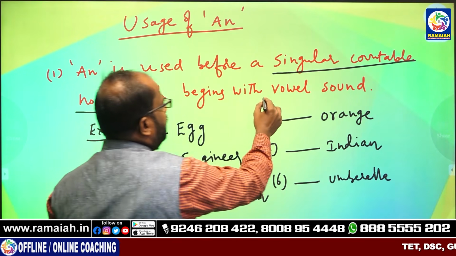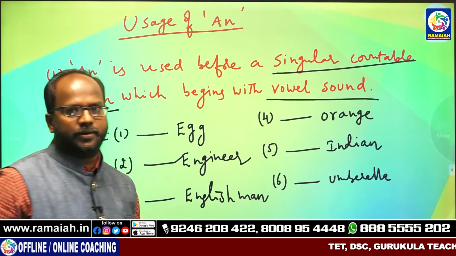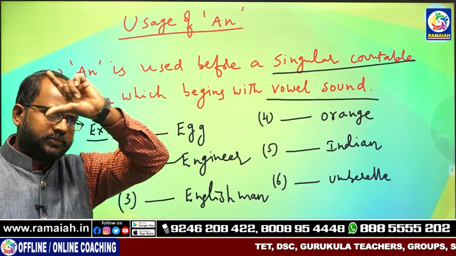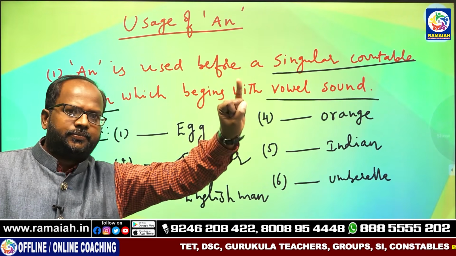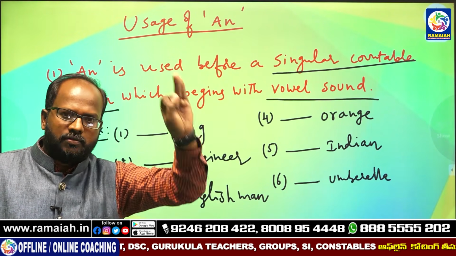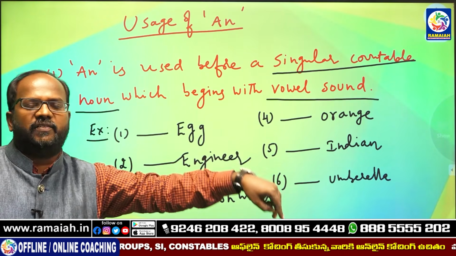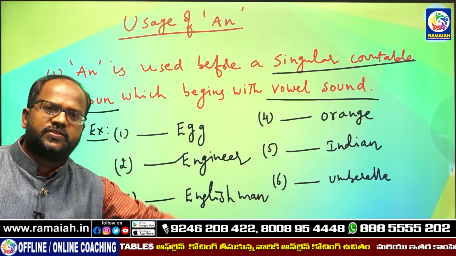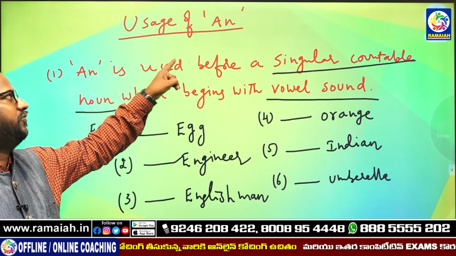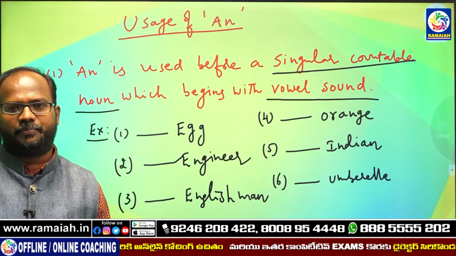Begins with the vowel sound. As I told you earlier, the word must be singular, the word must be a countable noun. Then, if it begins with the vowel sound, then we use the article an. If a singular countable word starts with a vowel sound, if the first letter gives a vowel sound, then we use the article an.